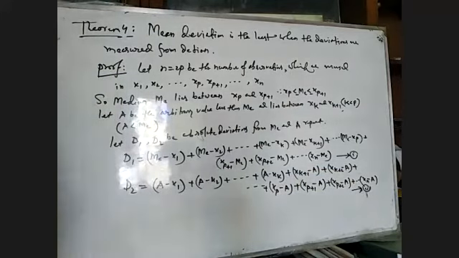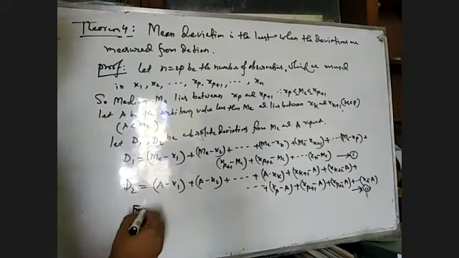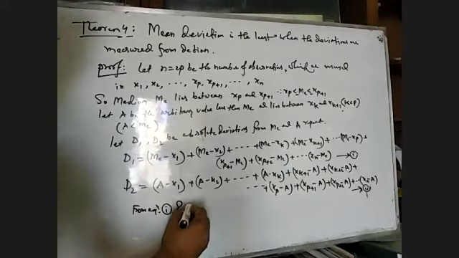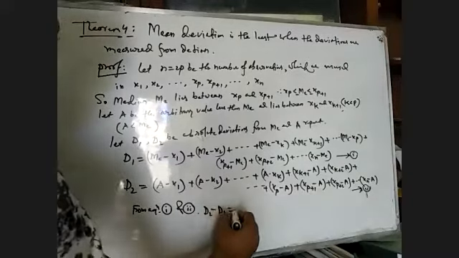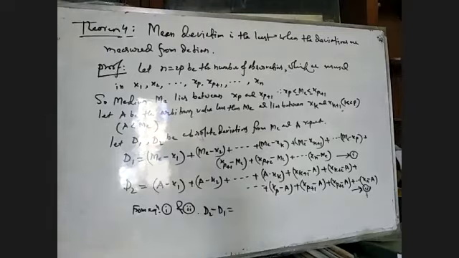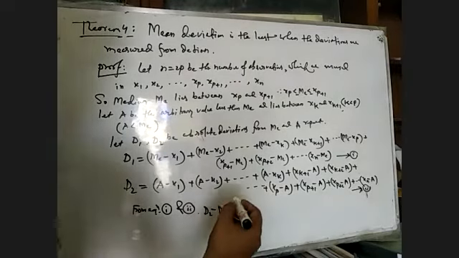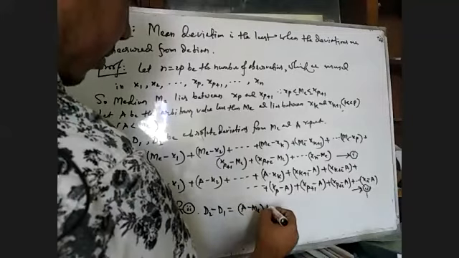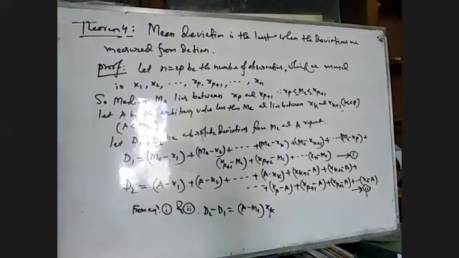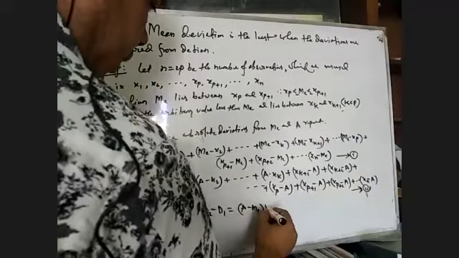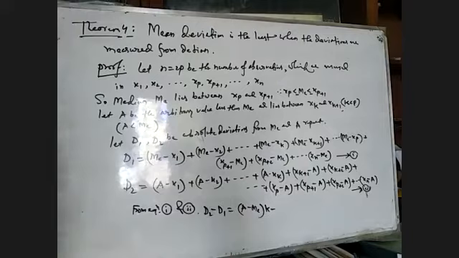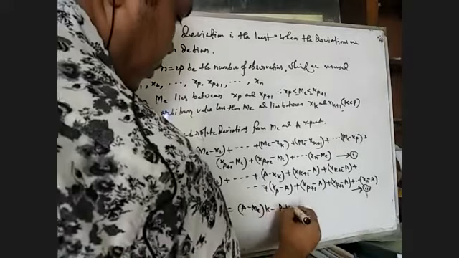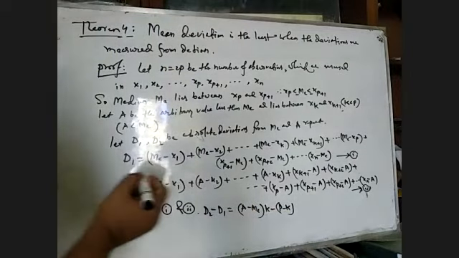Now, from equation 1 and 2, d2 minus d1, that means subtracting, what we get actually: a minus the median into k, minus p minus k, into a plus me.